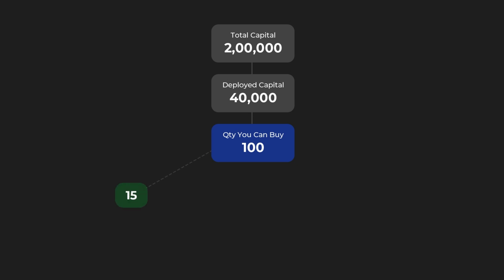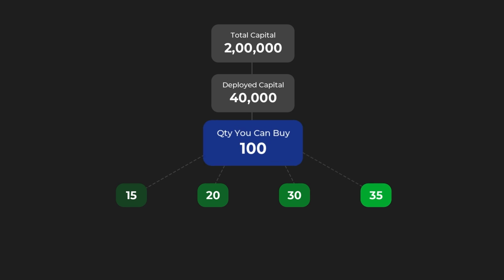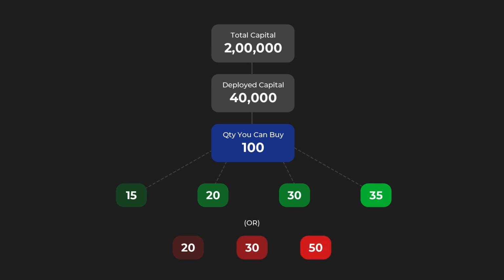It should be 15 in the first trade, then 20, 30, and the last entry would be 35. So now you have reached your 100 quantity. This ratio can be according to your willingness also. Like, 20 you can enter in the first trade, 30 in the next trade, and in the next trade you can add 50 also. But make sure your last average is always a higher quantity.